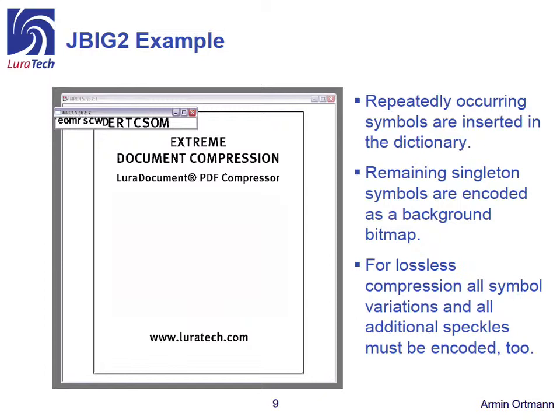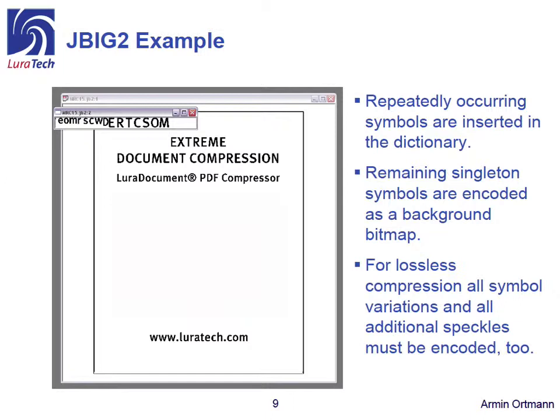Actually, the standard, like many others, only specifies how to decode the data structures, but you are basically free to apply any kind of pattern matching and optimization and search strategy when coming up with the dictionaries. But we found that there is a last inch of compression that you can squeeze out of a document at an unreasonable computational effort. That's at least our experience there.